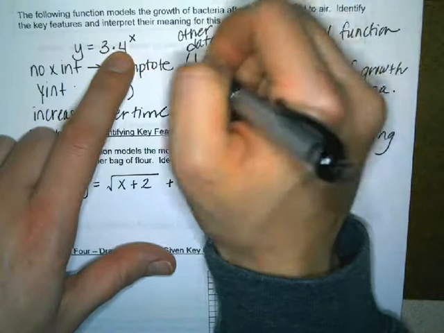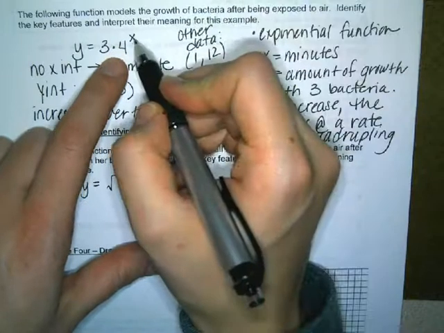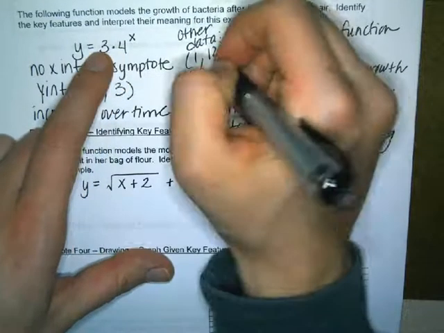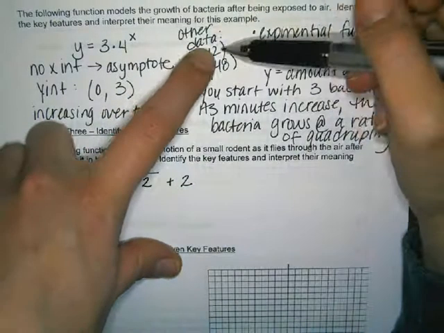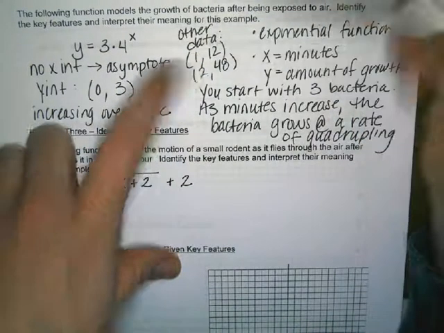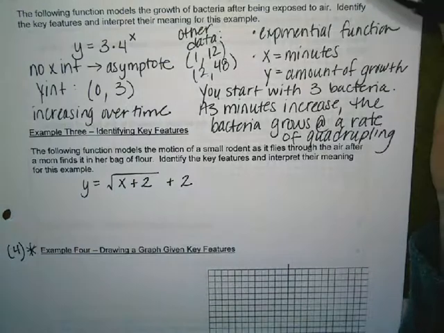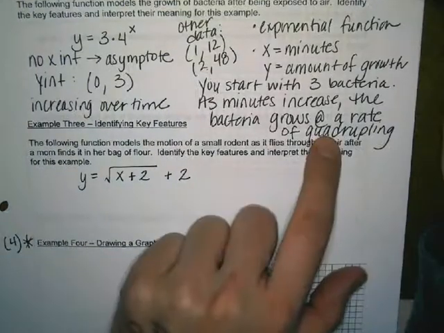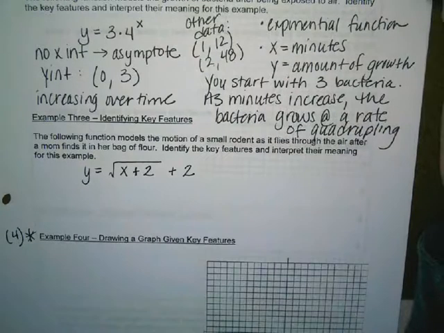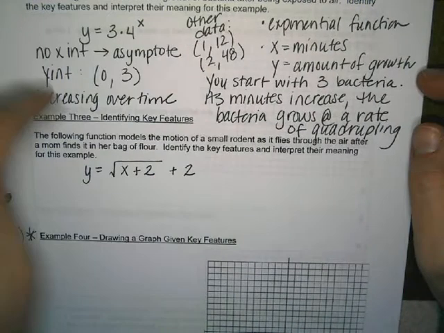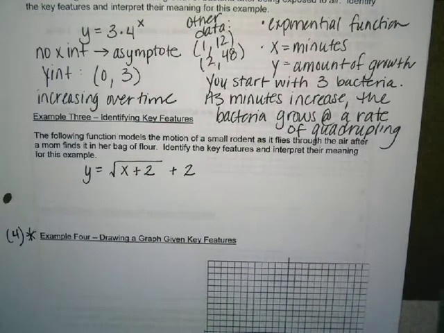After 2 minutes, 4 squared is 16. 16 times 3 is 48. You can see that for every minute you go forward, the y value increases by a factor of 4. And maybe that would have been a better way to explain this, is that it grows at a factor of 4 every unit of time. Okay, not as much we can write there because there's not as many data points to go off of, but that gets the point across here.